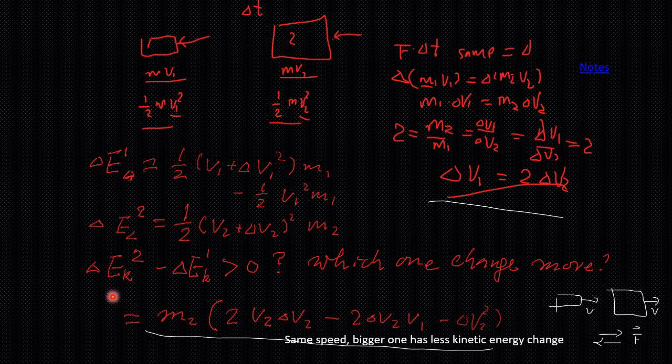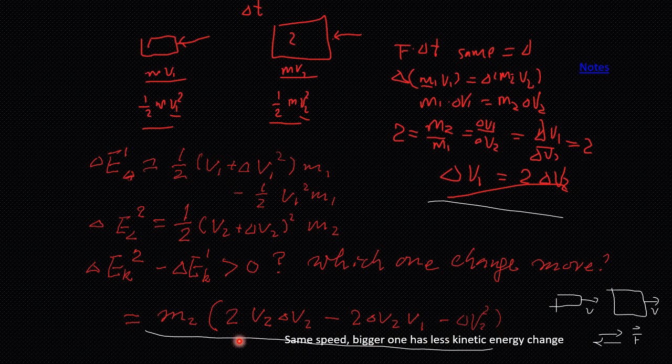So we want to know whether the difference is positive or negative. That's how you compare which change is bigger. For example, if the change of 2 is bigger than that of 1, it's positive, which means the second one has more change. If it's negative, the first one has more change. That is calculated by substituting all this into this relation, and I get this.